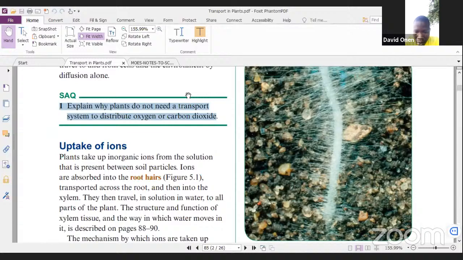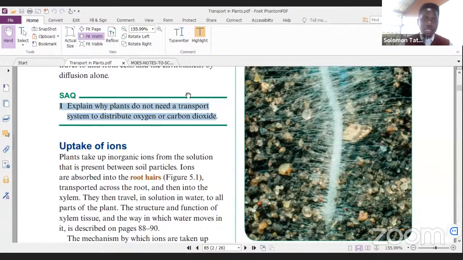Explain why plants do not need a transport system to distribute oxygen and carbon dioxide. We see that animals have a special transport system that involves the heart, the blood vessels, and things like that to transport oxygen and carbon dioxide. But plants don't need that type of system, the circulatory system. Who would love to explain to us why?